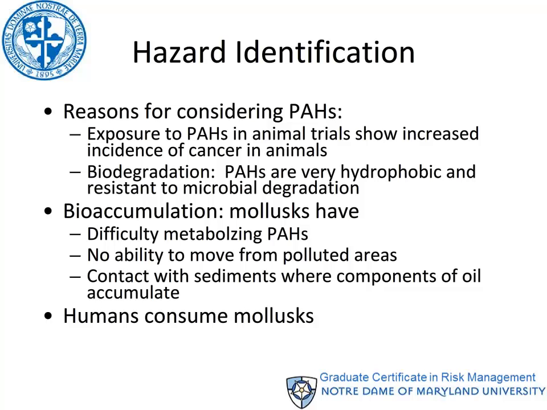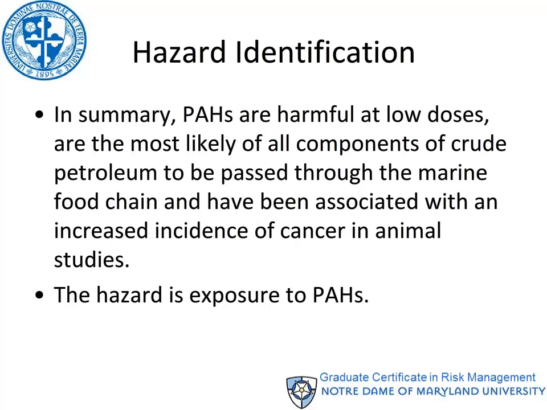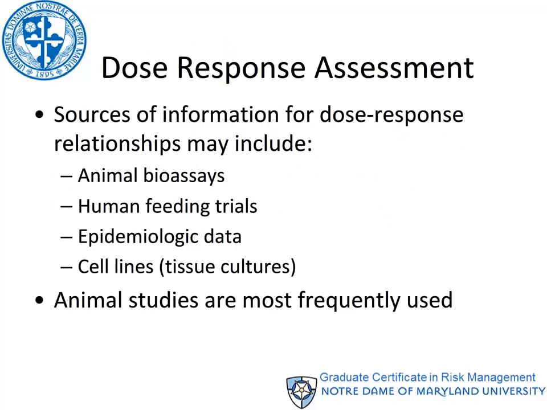So that's a summary of the evidence for the hazard identification step. So let's summarize. PAHs are harmful at low doses. They are the most likely of all the components of crude petroleum to be passed through the marine food chain, and they have been associated with an increased incidence of cancer in animal studies. Therefore, the hazard here is exposure to PAHs.